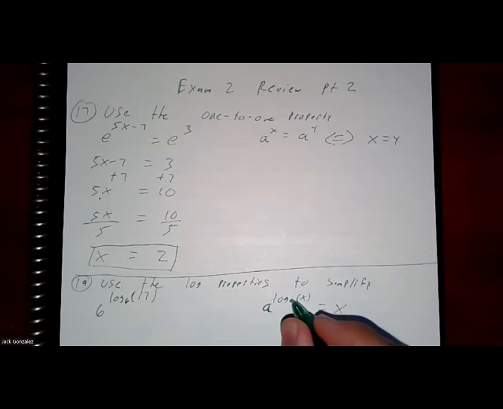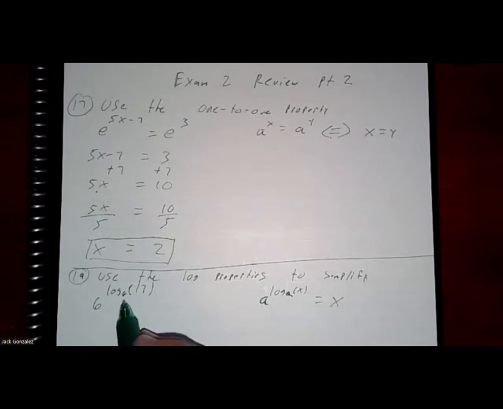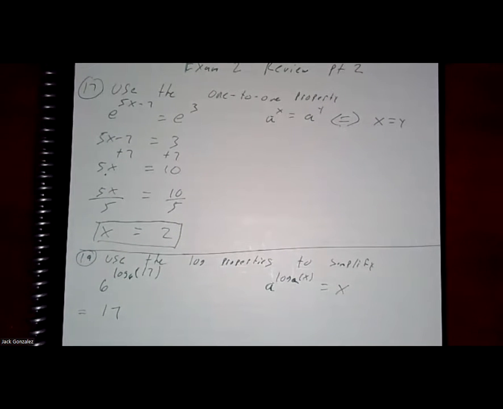So A and A match, so you get X. In this case, we have a 6 and a 6, so this would become just 17. And that's it.